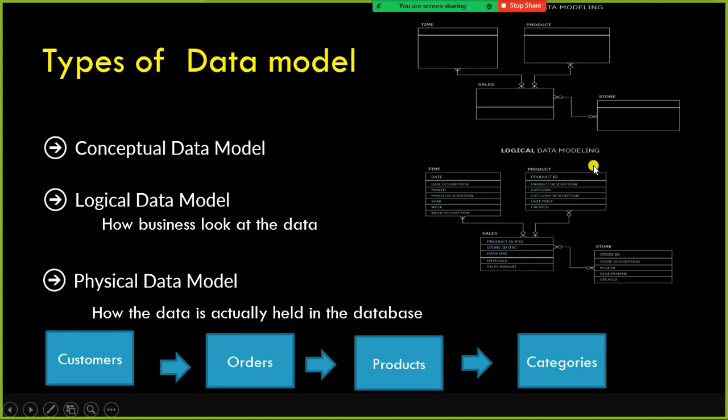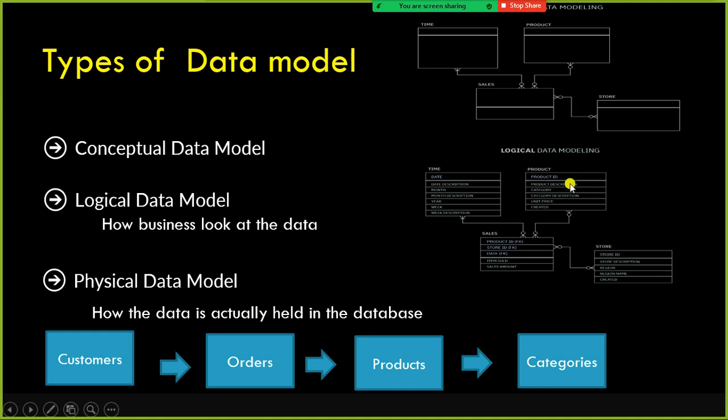The next thing we do, as part of the logical data model, is define the properties of each entity. In the case of time, the properties are date and date description, month, year, all those things. And when it comes to product, these are the characteristics: what is the name of the product, the unit price or the cost price, when this product got created, all the information related to product, we store it in this table.